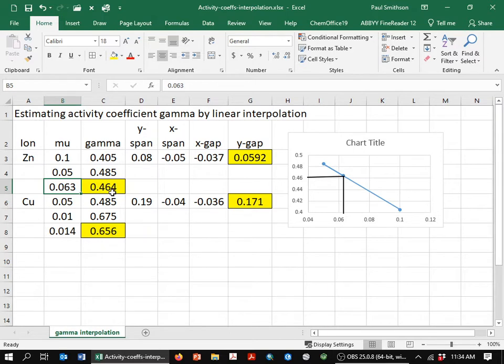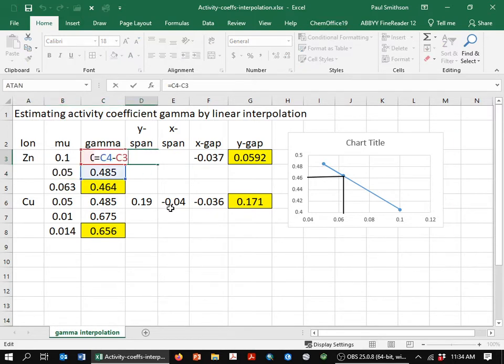So what we do, these are all just our inputs here. Our y span, forget about that, that's just garbage on the side there.